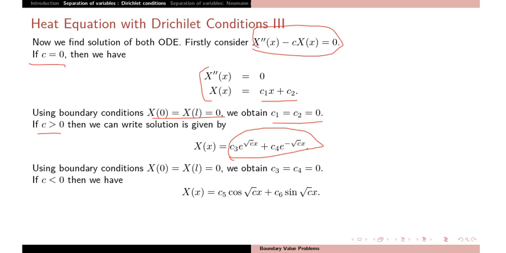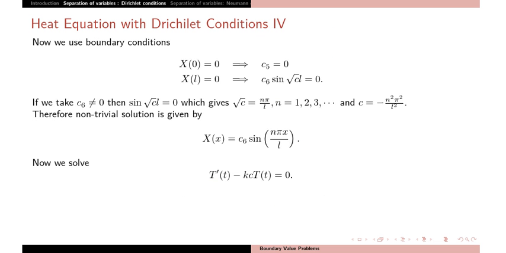Using boundary conditions, you get C3, C4 equal to 0, so again a trivial solution. If c is negative, then this equation gives imaginary roots, plus minus i root c. So the solution will be cos and sin, cos(root c x) and sin(root c x).